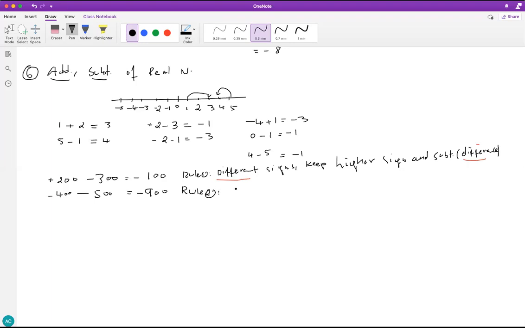Rule number 2: when you have the same sign, for example here, you keep that same sign, it doesn't change. And what do you do with the values? Do we subtract or add?